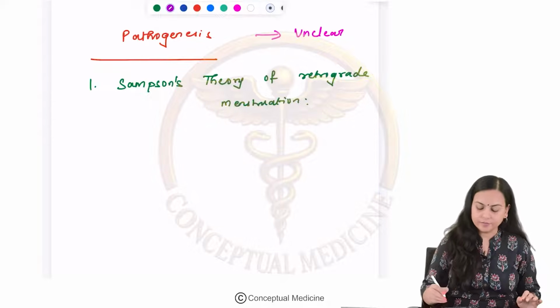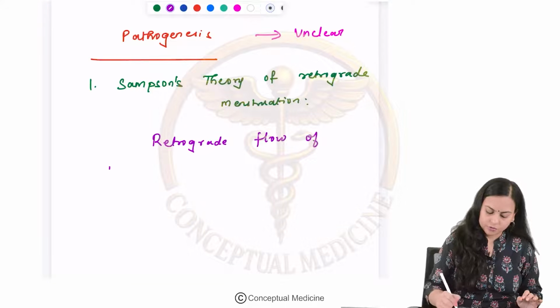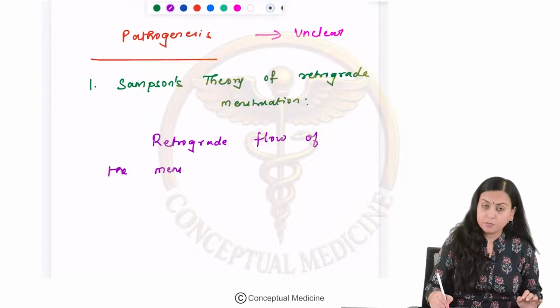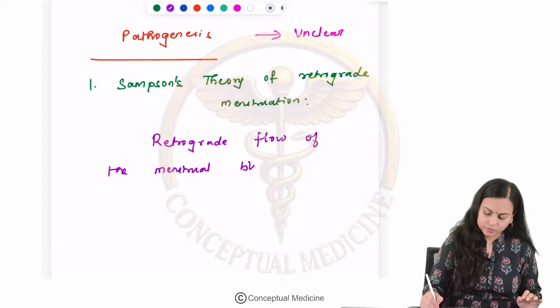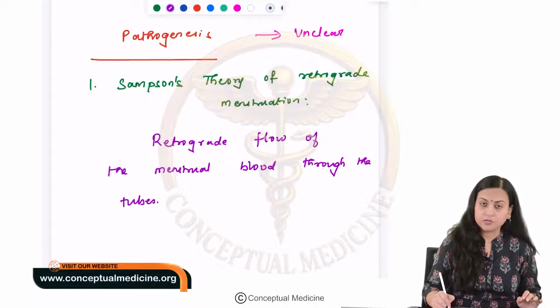According to this theory, there is retrograde flow of the menstrual blood through the uterine tubes during menstruation.